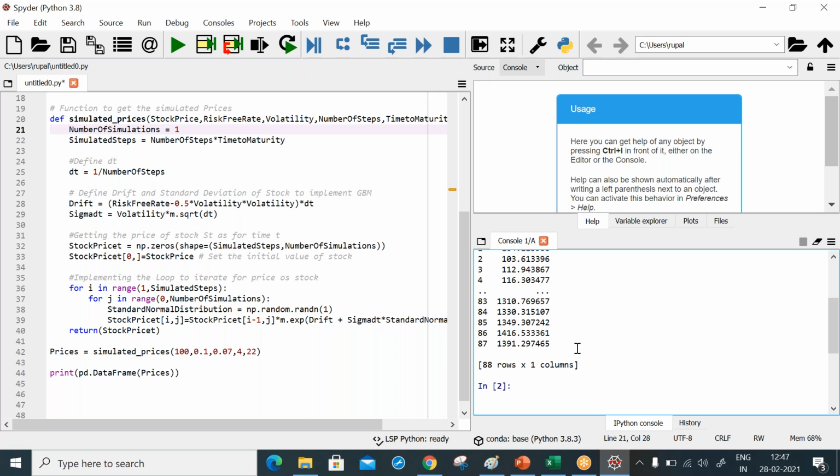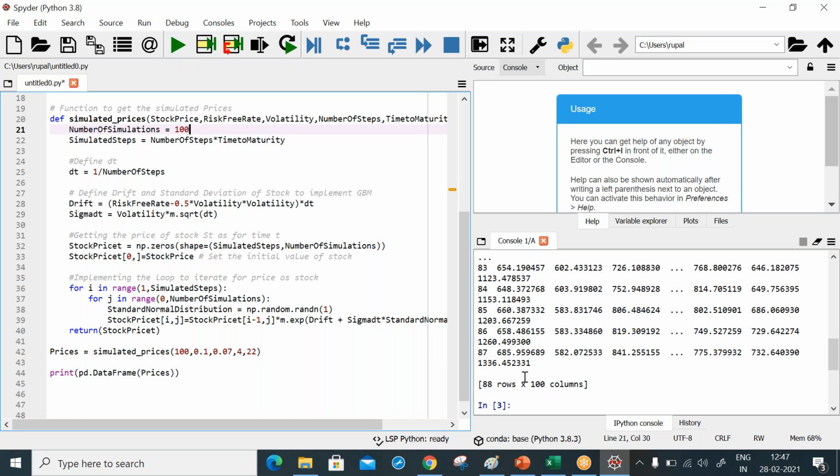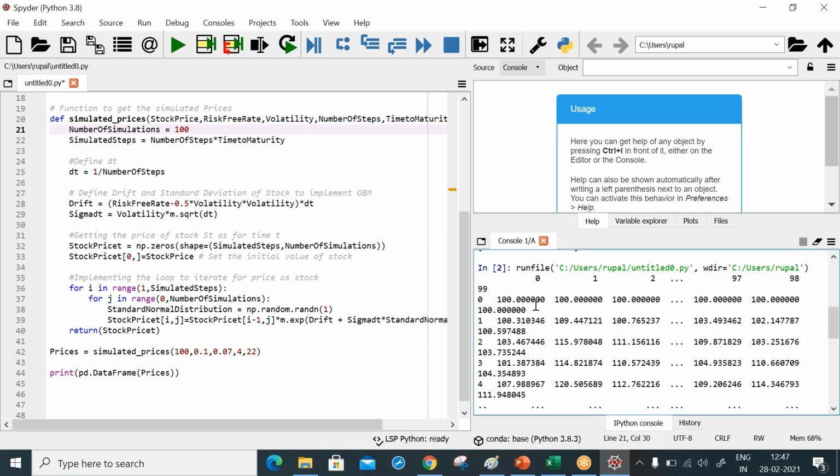But now here you can run 100 such simulations also. It's just a matter of changing that variable of number of simulations. And let's see if we run it. See, we are getting an 88 rows by 100 columns matrix.